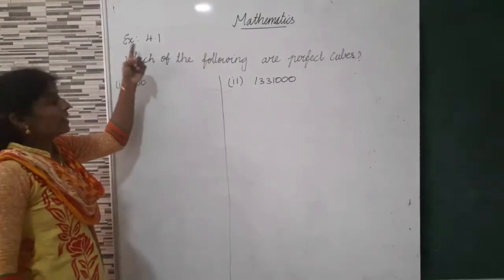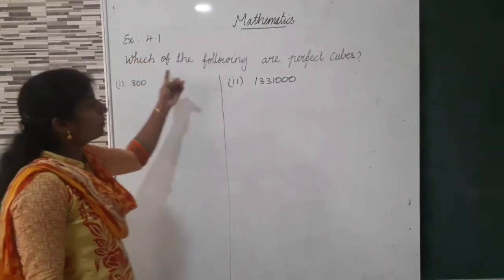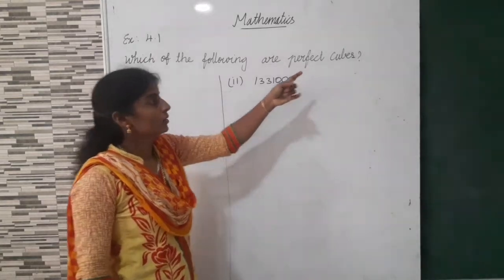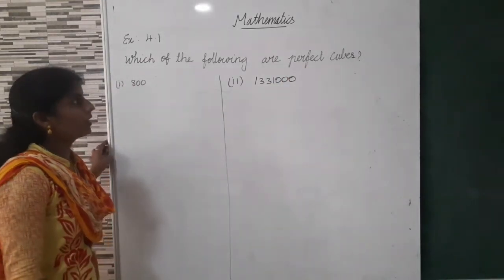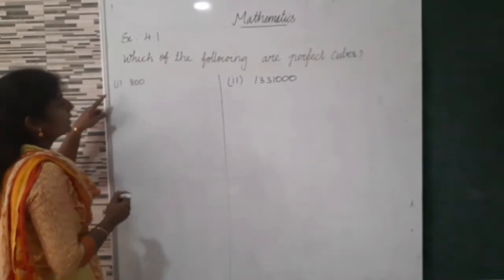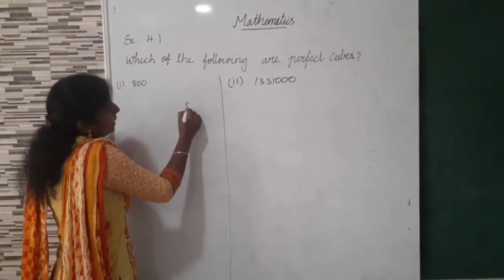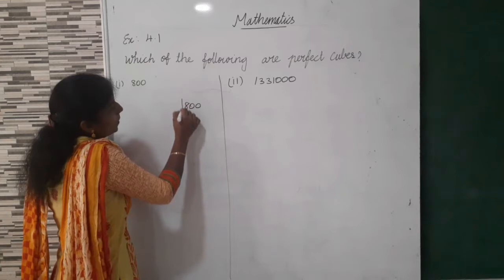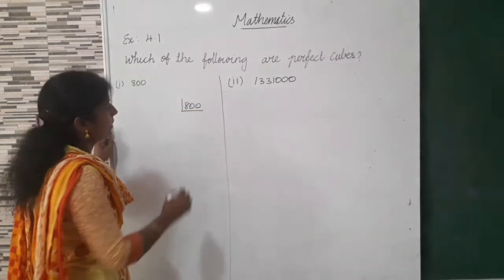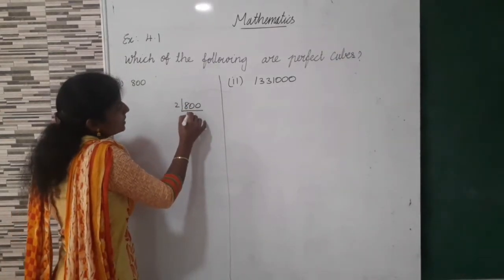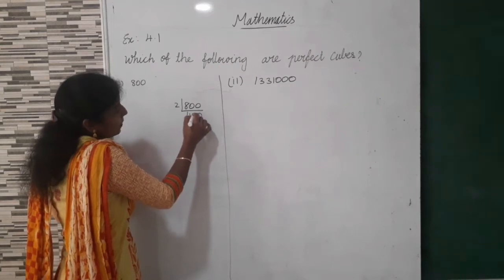Clear? Exercise 4.1. Which of the following are perfect cubes? Question number 1. 800. Now 800, we can find all prime factors of 800. 2, 4 2s are 8, 0, 0.